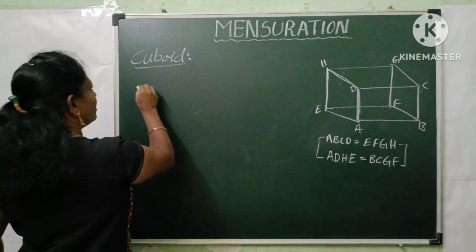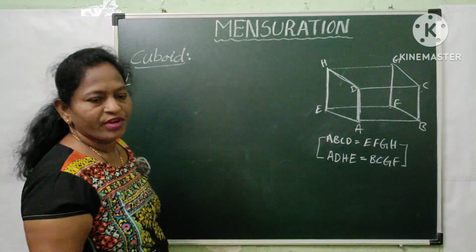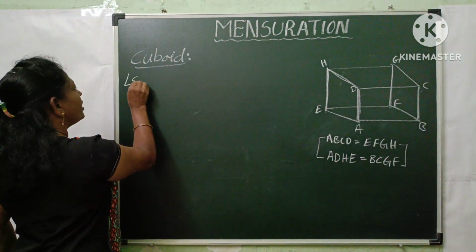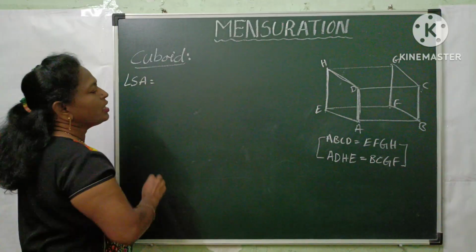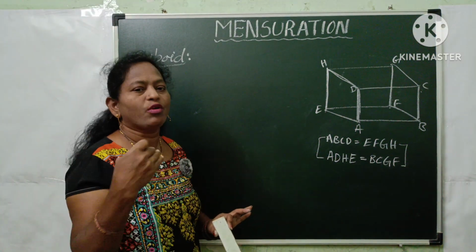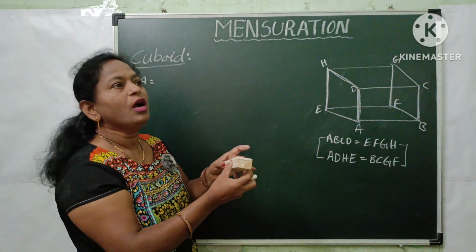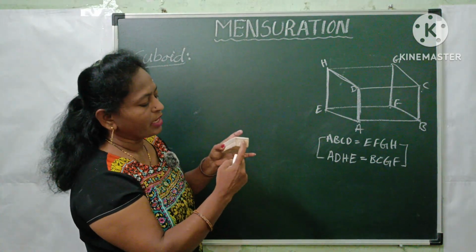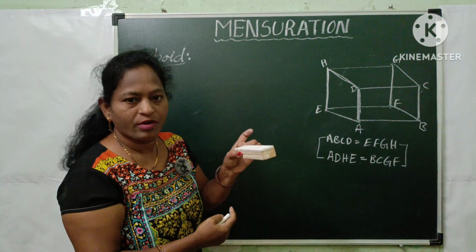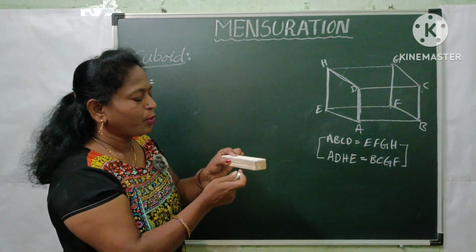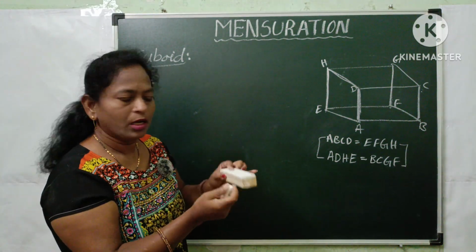LSA, lateral surface area. Here we are finding the 4 walls of the room, except top and bottom. 1, 2, 3, 4. Only these 4 walls we are finding, not top or bottom.